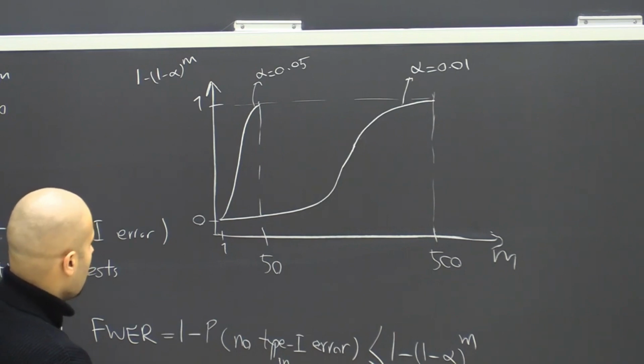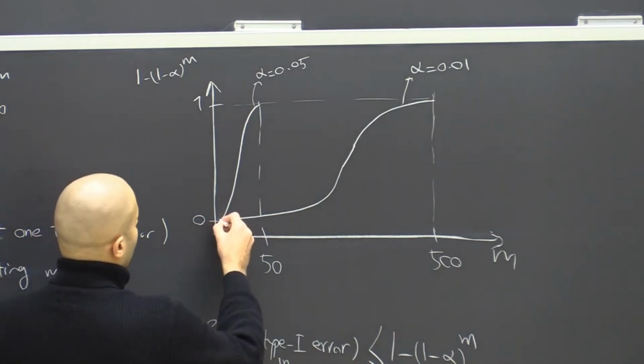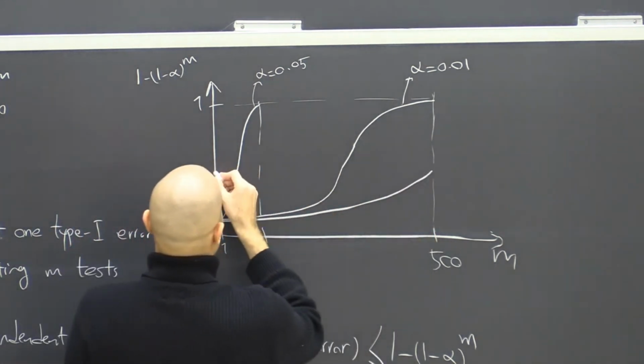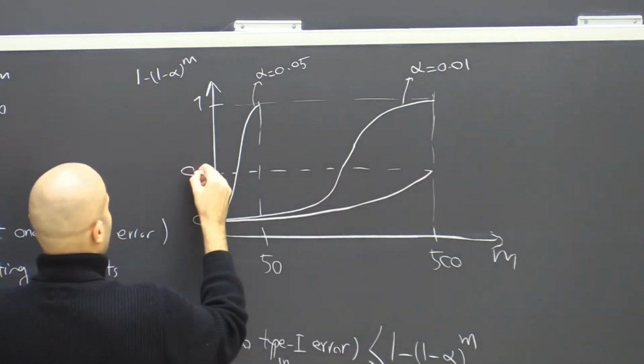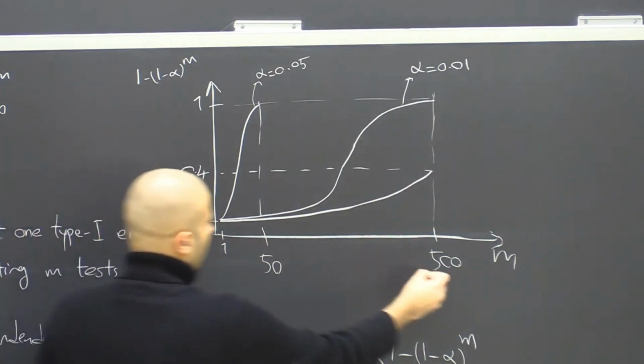So changing the value of alpha doesn't really help. Even if we go with 10 to the minus 3, we're going to have an error rate of 40% when conducting 500 tests.